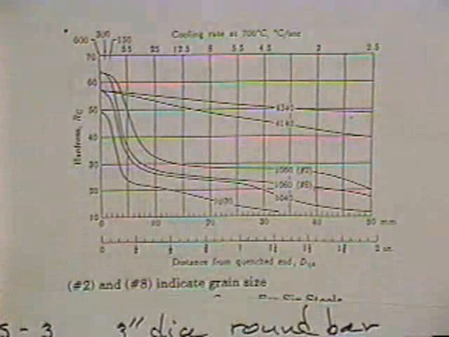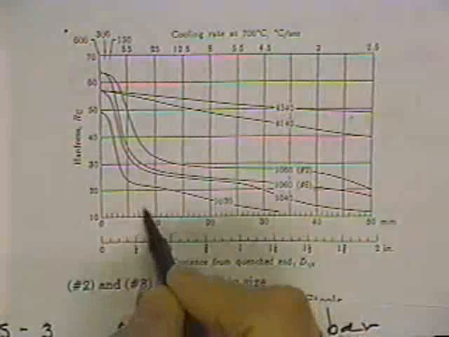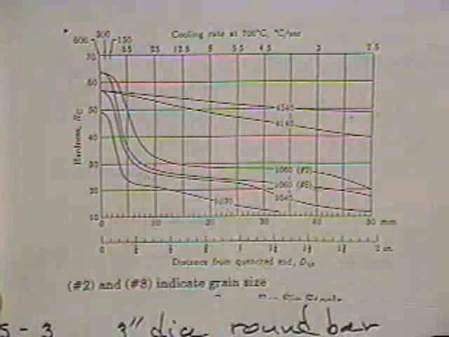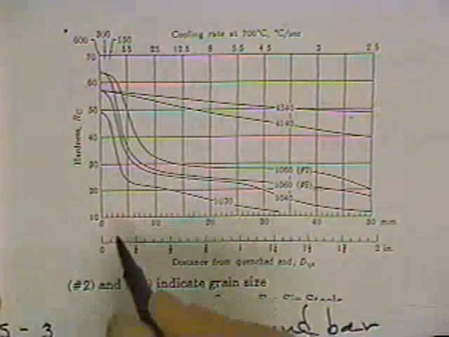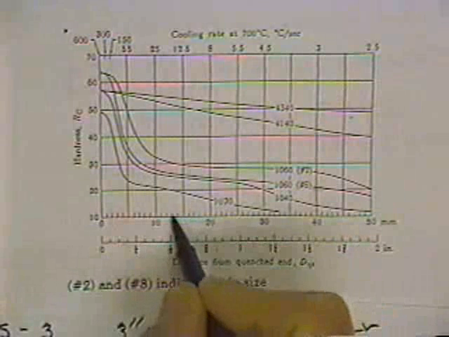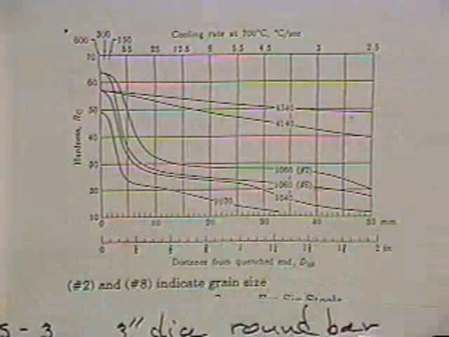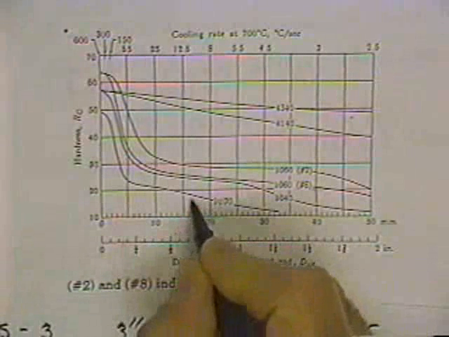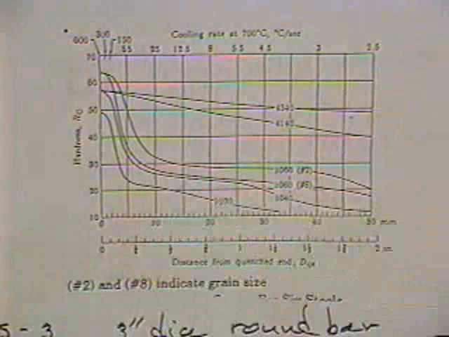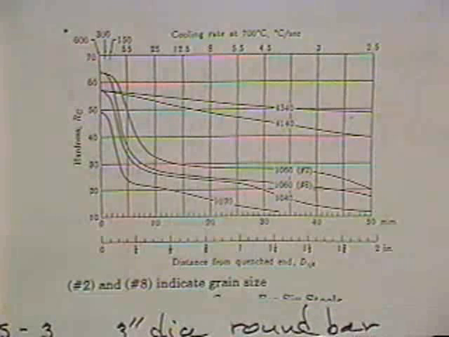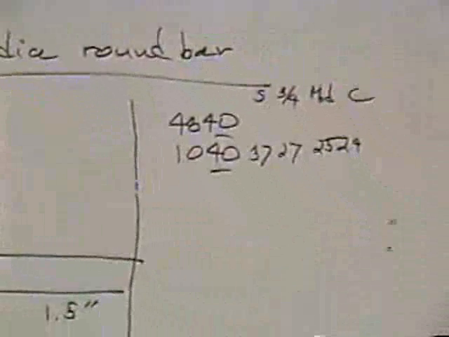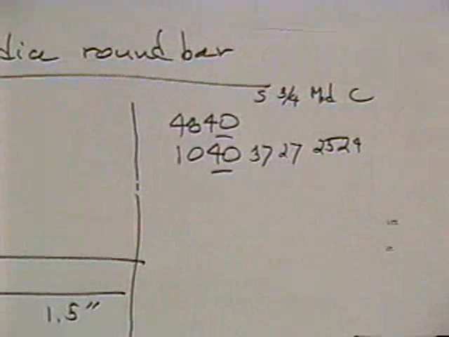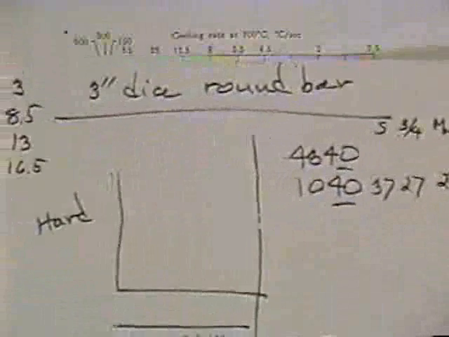At 8.5, we would have a hardness of about 27. At the mid radius, that's 13, so we would have a hardness of 25. And at the center, which is 16.5, we would have a hardness of about 24. So for the 1040 steel, we'd have 37, 27, 25, and 24.